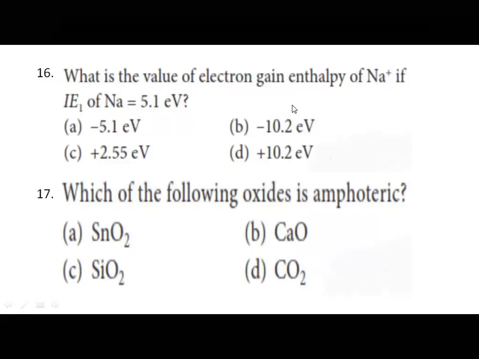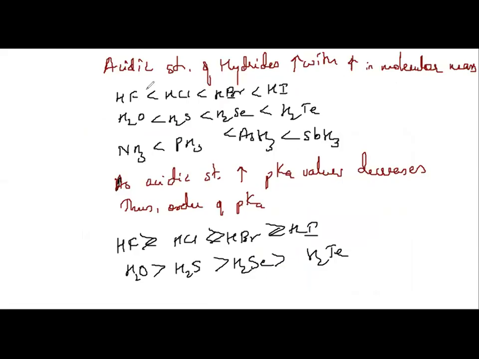What is the value of electron gain enthalpy of Na plus if first ionization energy of Na is 5.1 electron volt? So they have given the first ionization energy. Ionization energy means what? To a neutral gaseous atom, you have to supply a certain energy called first ionization energy. Then it will lose one electron and become an ion, a cation.